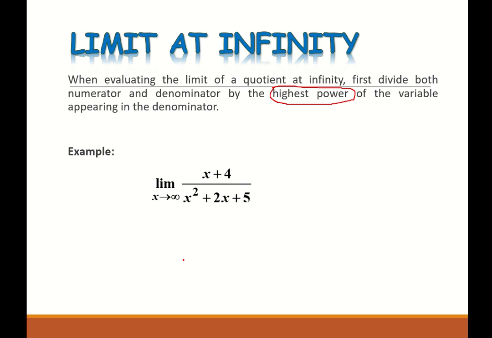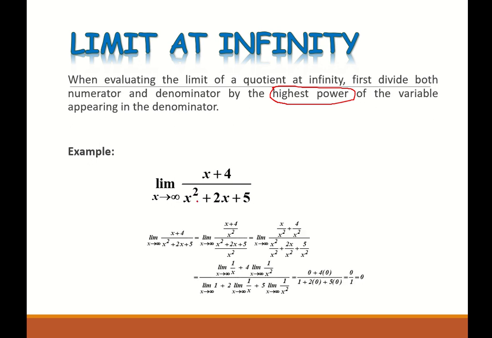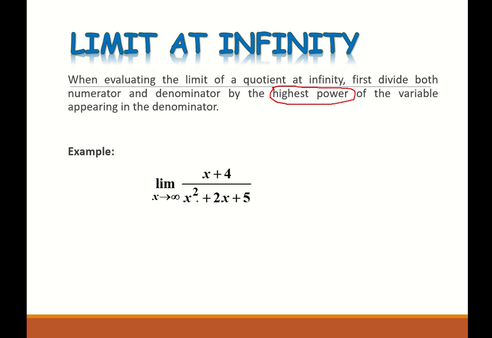If you look at the denominator, it has a degree equal to 2. Degree means the highest exponent of the variable. So the highest degree of the denominator is 2, so this is quadratic. Here, this is linear, so this is understood to be 1.